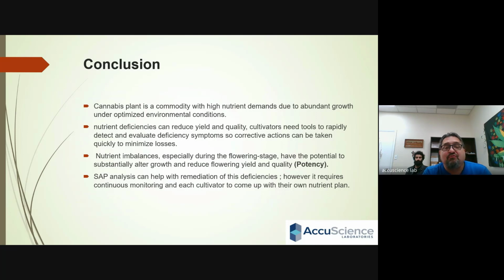And from one cultivar to another, a different amount of nutrition might be necessary. So you really have to build your own nutrition plan and see what is required. Where do you want the optimal amount of nutrition going through the plant?